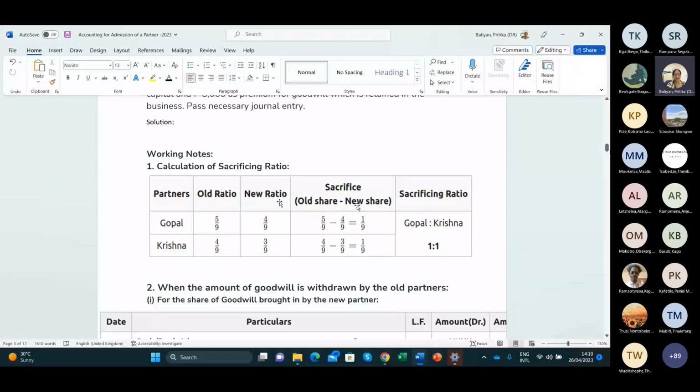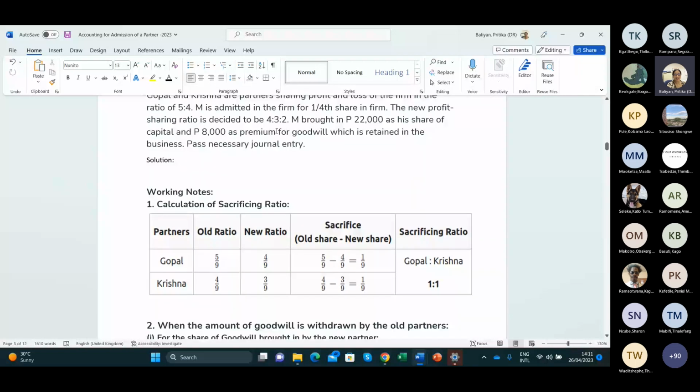So the sacrifice ratio is always calculated as old ratio minus new ratio. Old ratio, like, is 5 is to 4, so 5/9, and the new ratio is 4 is to 3 is to 2. When you add, it also gives a total of 9: 4 plus 3 is 7, plus 2 is 9.